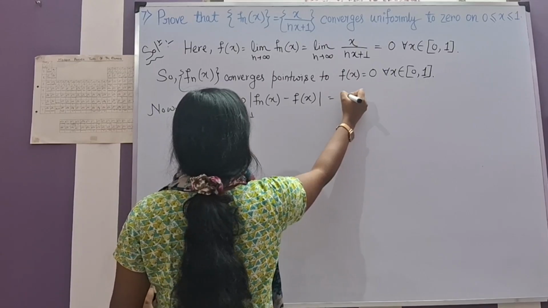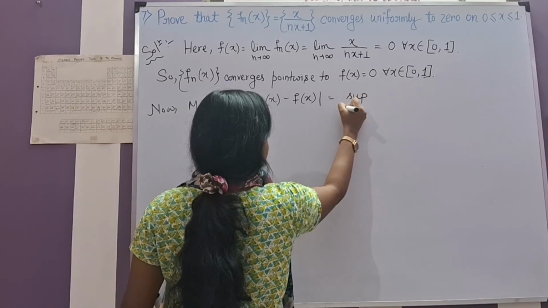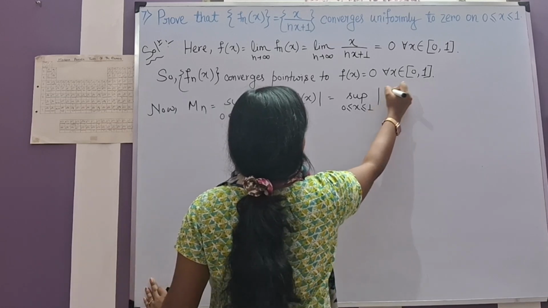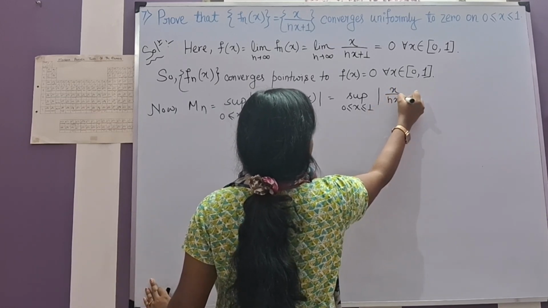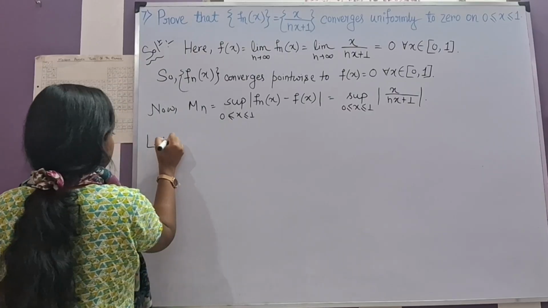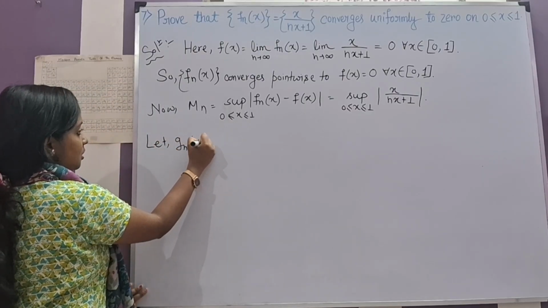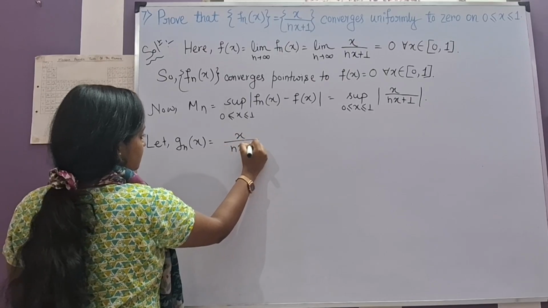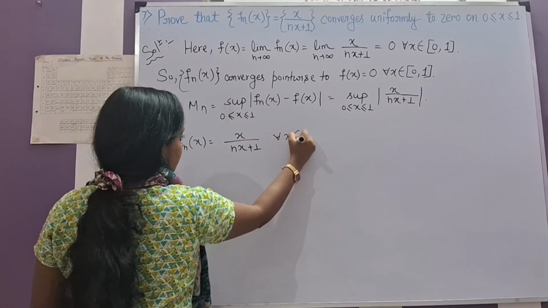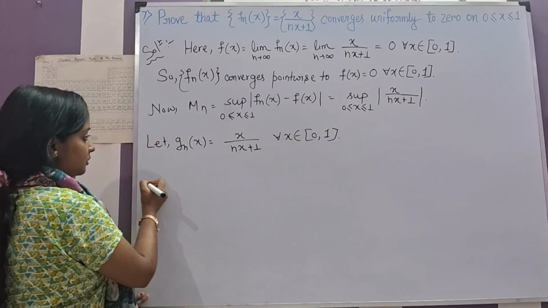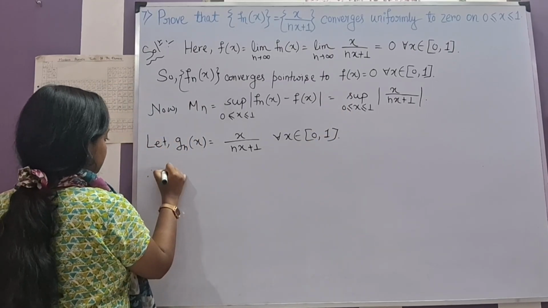Now this is equal to the supremum over 0 ≤ x ≤ 1 of mod of x by nx plus 1. Now let gn of x equal x by nx plus 1 for all x belonging to the closed interval [0, 1].